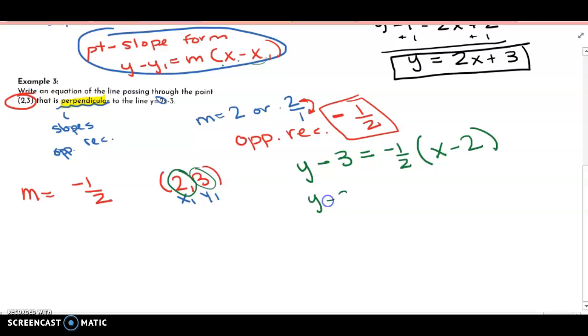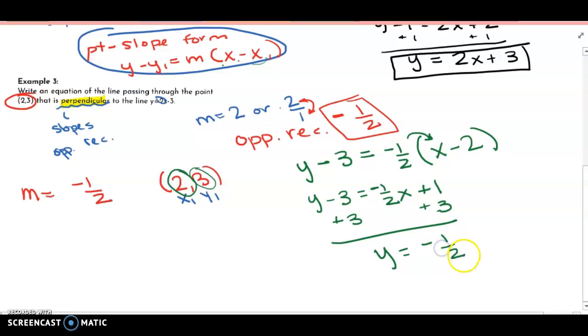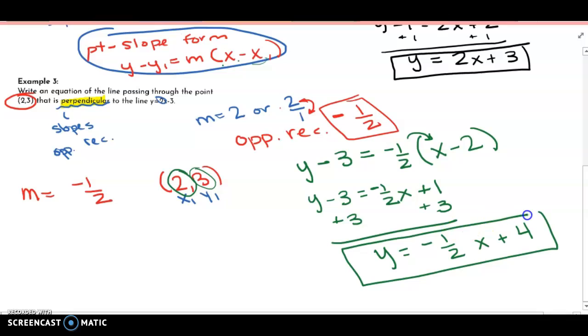So y minus 3 equals, guys, I'm distributing this through, a negative 1/2 x. And then a negative 1/2 times a negative 2 would be a plus 1. So add 3 to both sides to get y by itself. I'd get y equals negative 1/2 x plus 4, and this would be my final answer.